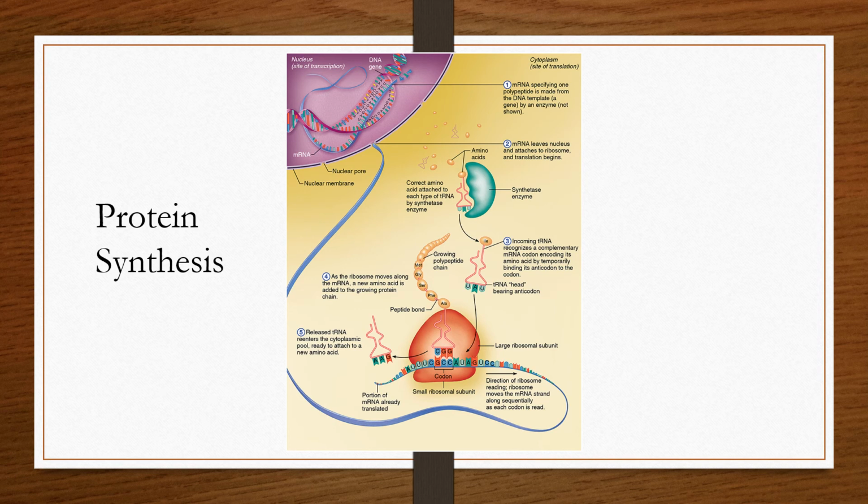As amino acids are brought to their proper positions along the length of the mRNA, they are joined together with peptide bonds catalyzed by a large ribosomal subunit and begin folding into that final protein structure. As each amino acid is added to the chain, its tRNA is released and moves away from the ribosome to pick up another amino acid. When the last codon, the termination or stop codon, is read, the protein is released. So that's step 5.